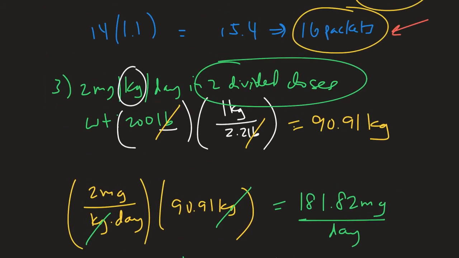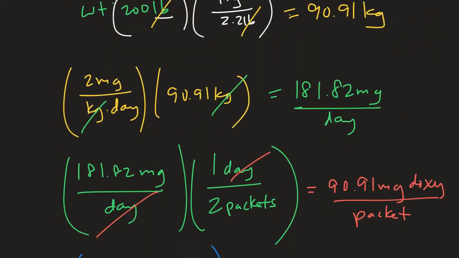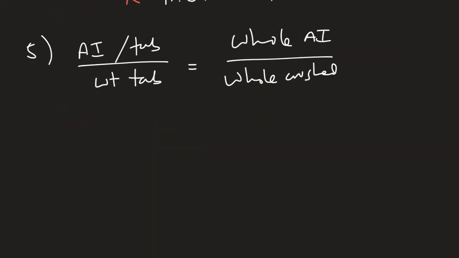So we know the weight of the AI is 125 milligrams, and the average weight of 3, pay attention to this, 3 tablets is 0.558. So we know 125 milligrams of doxy. We know 3 tablets equals 0.558 grams.